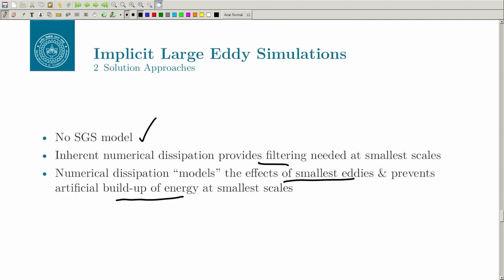Because, see, if you want to talk about the dissipation, it is happening through viscosity nu, and then you can have, let us say, nu times del u by del x squared, right. Now, if your delta x is not small enough, then the action of this viscosity will not be good enough.